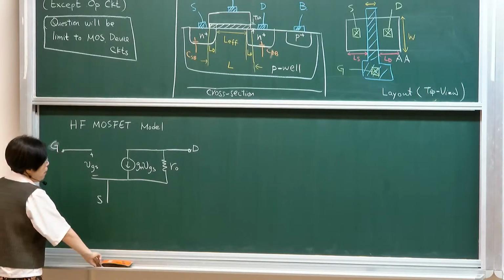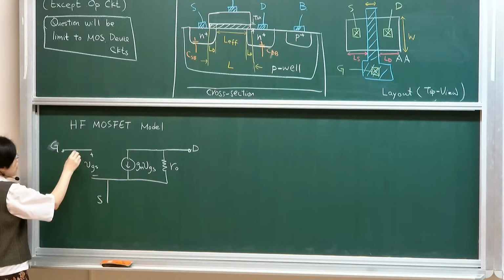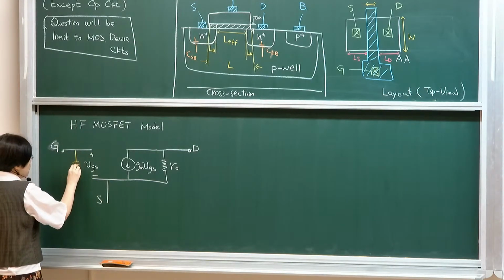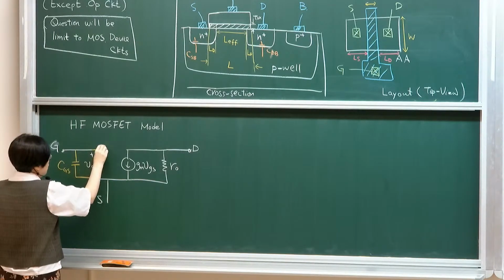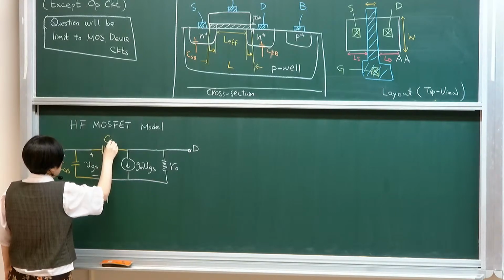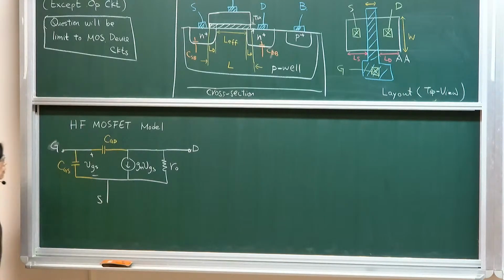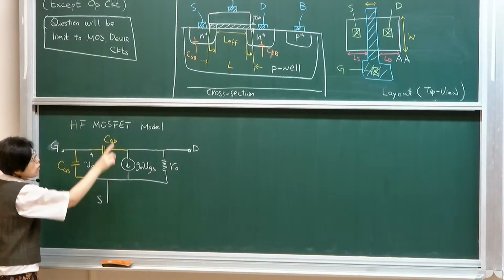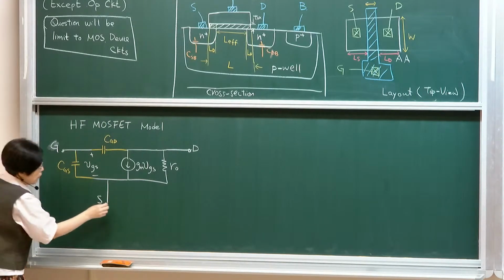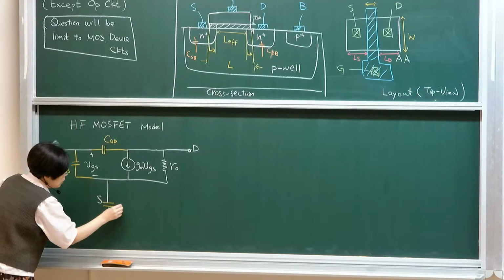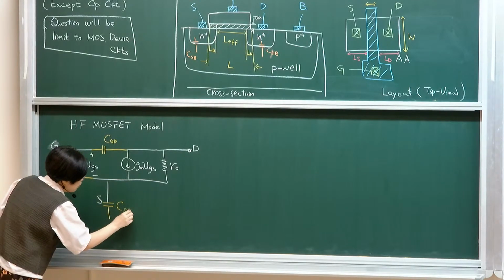We want to add our parasitics. So the parasitics here are VGS, CGS, there's CGD, and there's source. To be more complete, if you look at your source to body, there's additional capacitance from source to body.